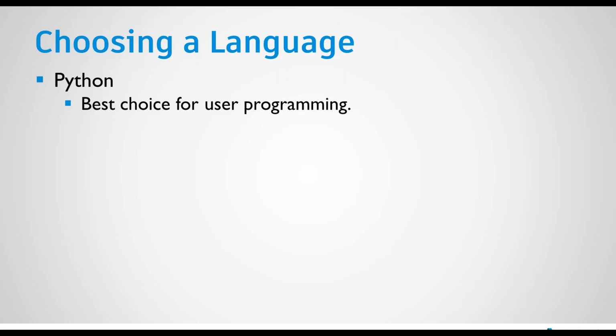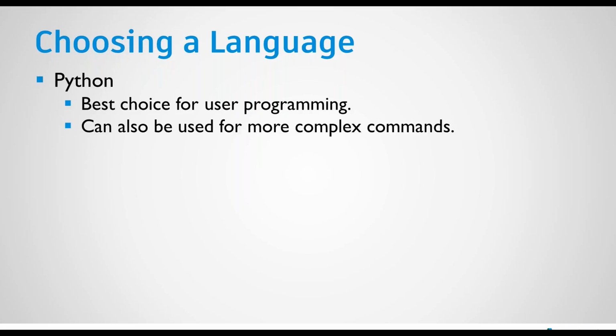But it's going to be the fastest language, I think, to learn and to use, and once you get used to its quirks, it becomes pretty nice to use. So as I said, you can use it for simple things, but also more complex commands.